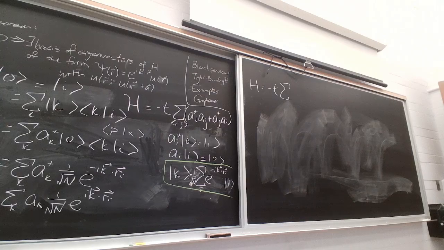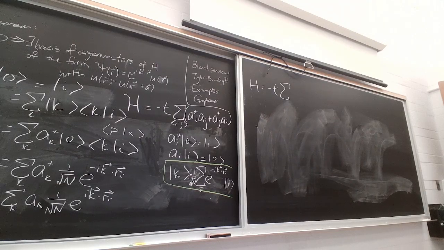Where did all of this begin? The discussion started with a review of Bloch's theorem. Correct. Bloch's theorem said that if we have a translationally invariant Hamiltonian, there's a basis of vectors which are both eigenvectors of the Hamiltonian and eigenvectors of the translation operators.